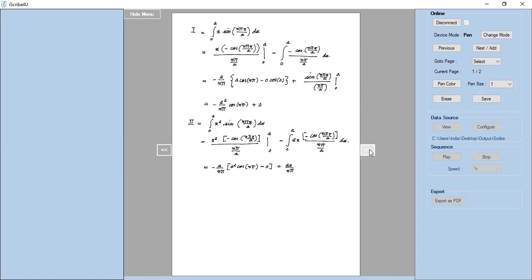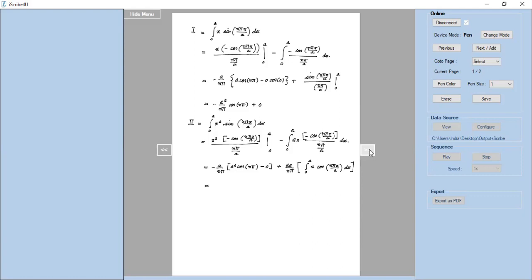And then we have, again, we will do this by parts. Integral 0 to a of x cosine(n pi x by a) dx. I think this is what we had. Where did we have it? We don't have it.